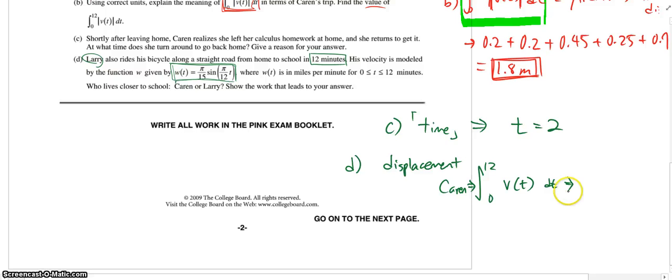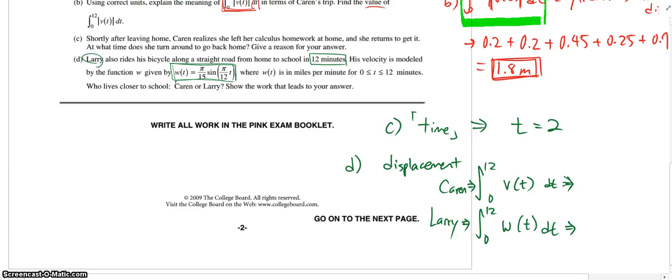We can calculate this by the same method as in B. Because we don't have an equation for Karen's velocity, we get it by finding the area of the whole graph. For Larry, we don't have the graph, but we have the equation. From 0 to 12, his displacement is the integral of w(t) dt.